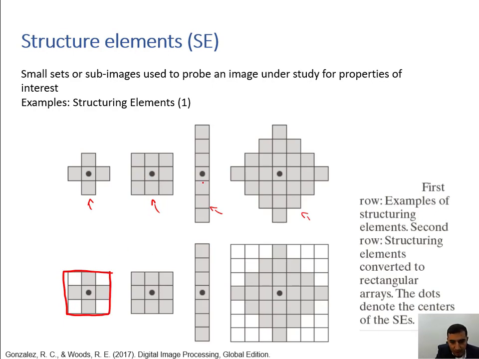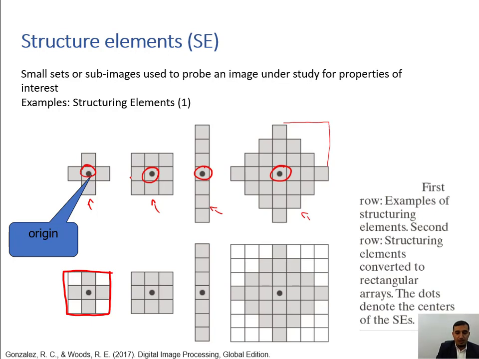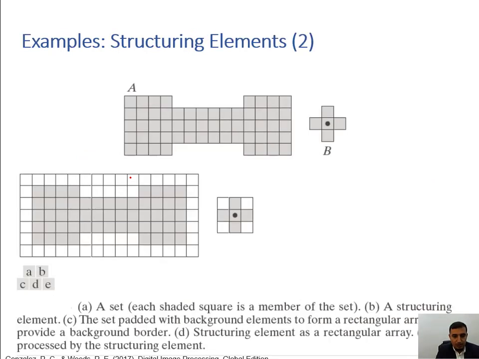This is also a 3x3 image, and this one is fine too. But for this structural element, we need to finish it up like this, and we will end up with a 7x7 structural element. This is the origin where things are going to happen. The origin, like we did earlier, needs to be on top of the pixel that we are concerned about.